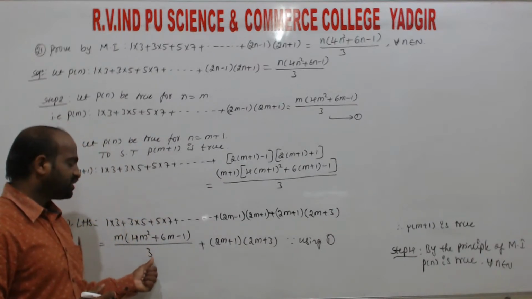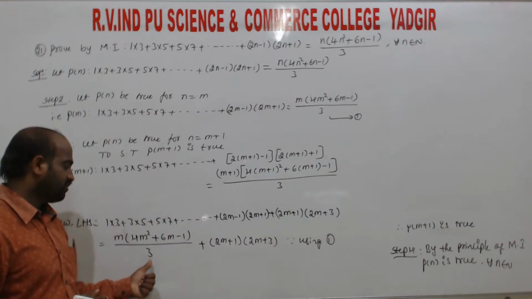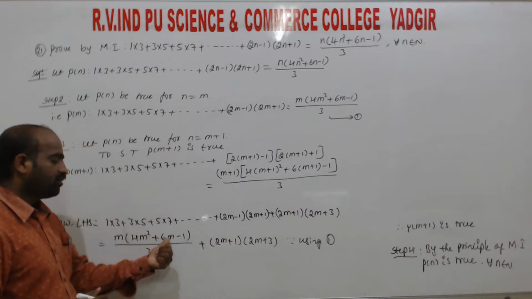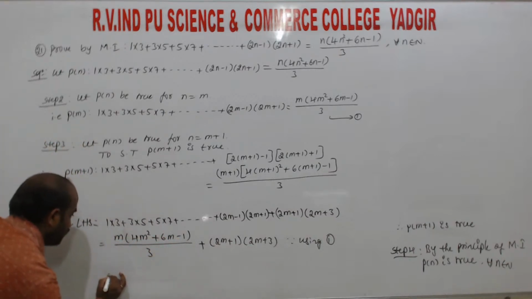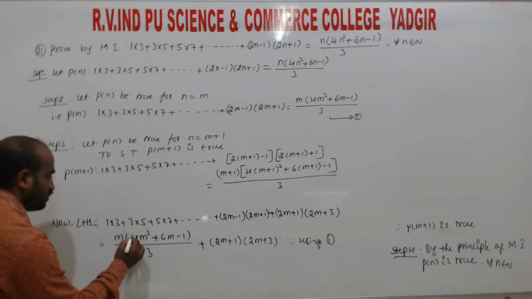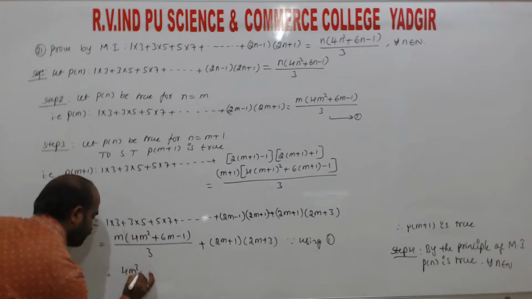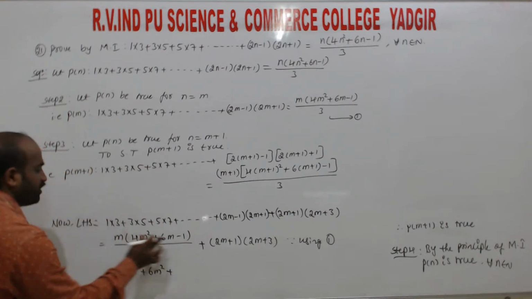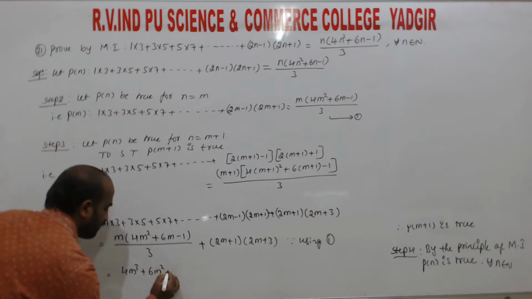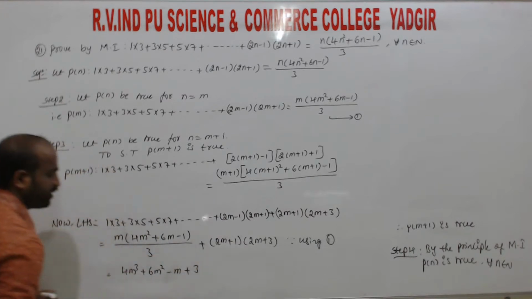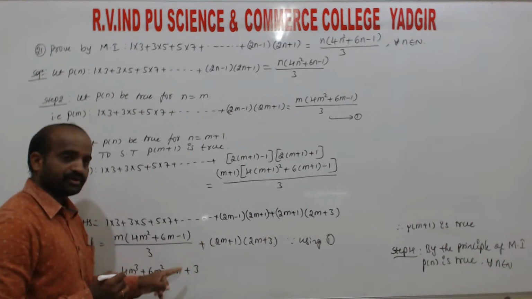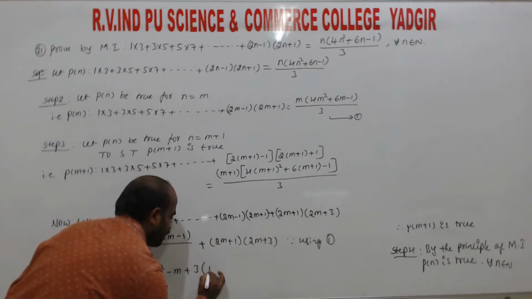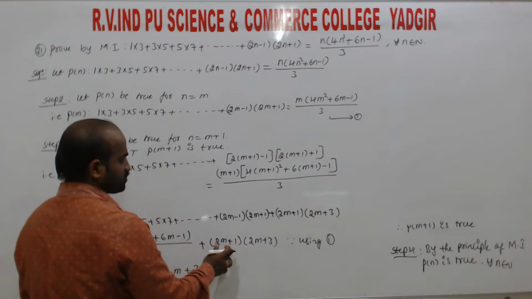Okay. Next we'll take the LCM, 3 is the LCM. These two multiply: m is multiplied by the 3, m into 4m square, 4m cube, plus m into 6m square, m into minus 1, minus m, plus 3 into 2m plus 1 into 2m plus 3.